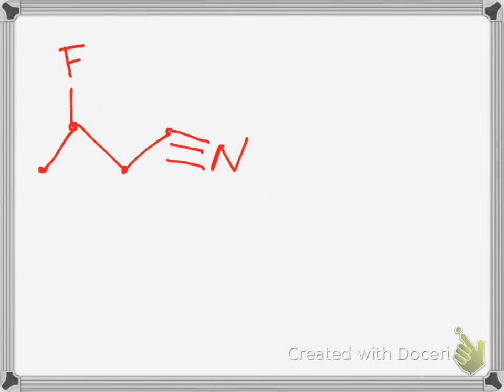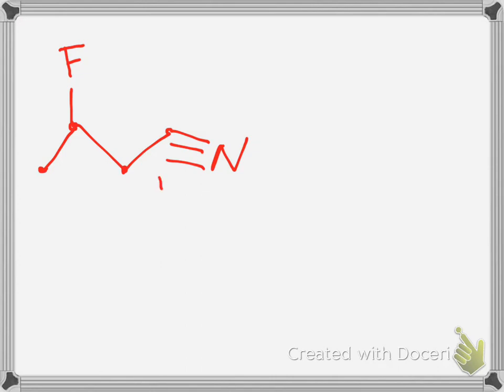Okay. You should look at this and try on your own, pause the video and try to name it using 2 methods. And then I'll work through it as well. So take the time to pause the video and try to name it on your own. Okay, let's go ahead and let's name this together now. First, let's try the less common method, and let's name it as if it was an alkane.